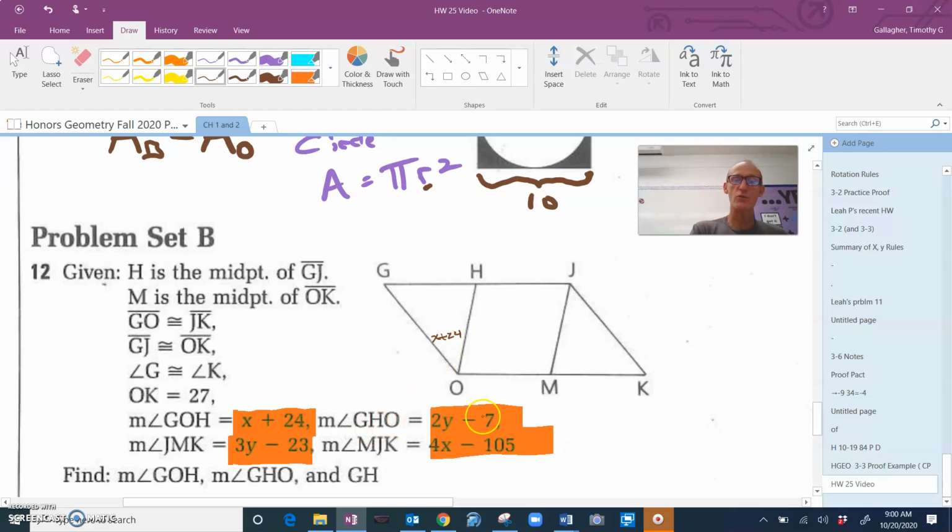Angle GHO, which is 2y minus 7. Three y minus 23 is JMK. And then MJK is 4x minus 105. And then OK is 27.